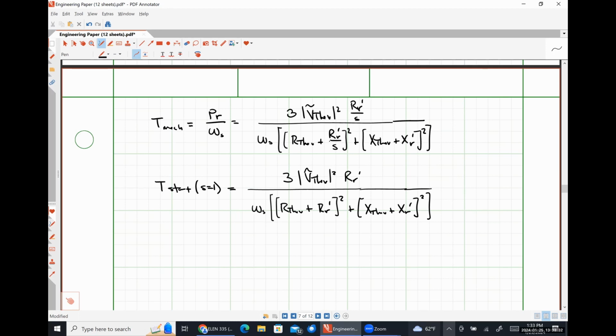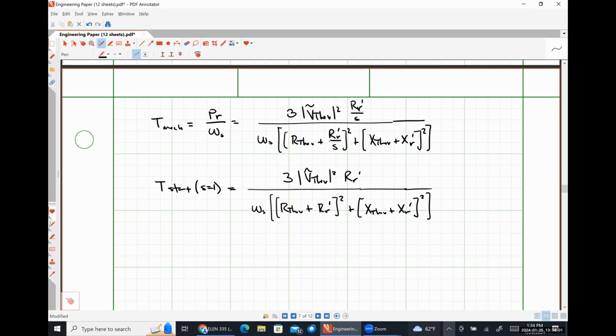And how do you think it's going to compare to our mechanical torque when our device is up and running? We actually already talked about this, but seeing if you guys are paying attention. One of the disadvantages of an induction motor is that they have low starting torque, right? And we can see that from this expression right here.